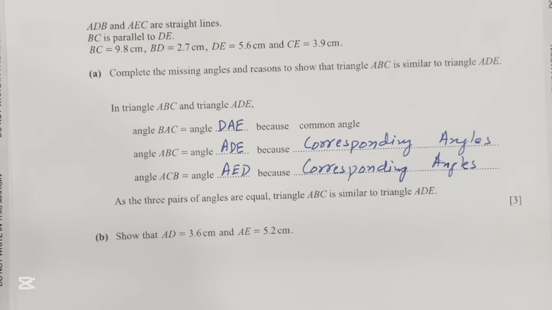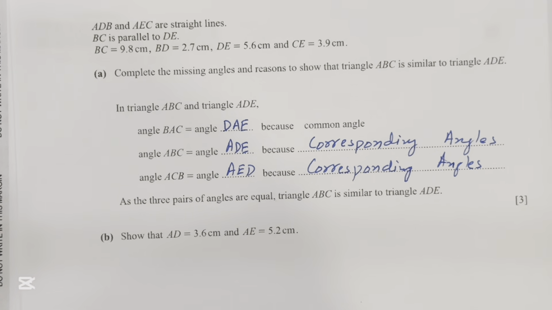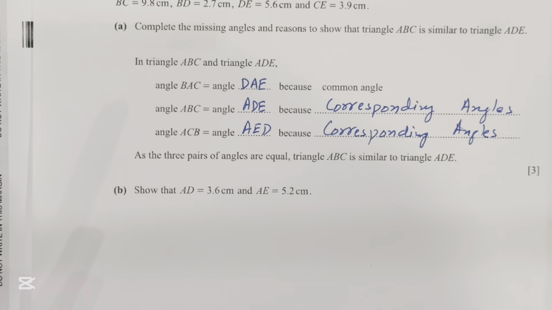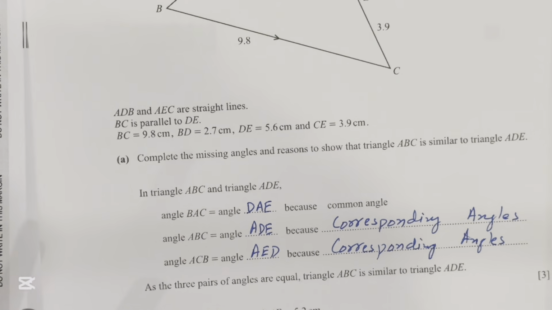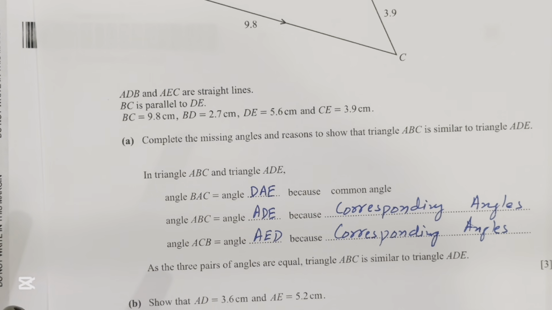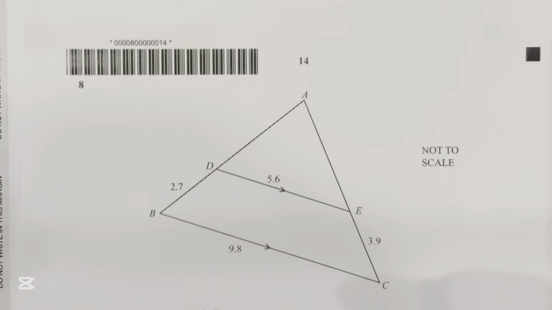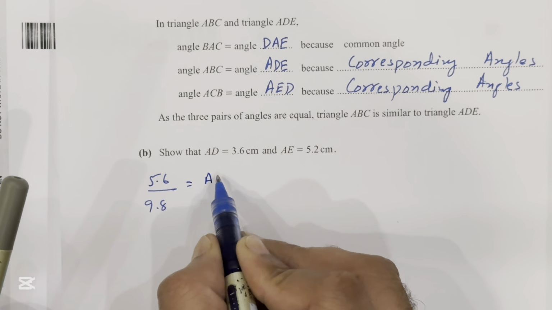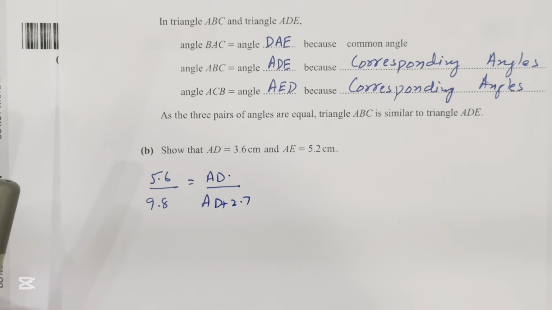Part B is show that AD is equal to 3.6 centimeter and AE is equal to 5.2 centimeter. We know that 5.6 and 9.8 would be their ratio, because similar shapes have the same ratio, 5.6 over 9.8, and it would be equal to AD over AD plus 2.7.